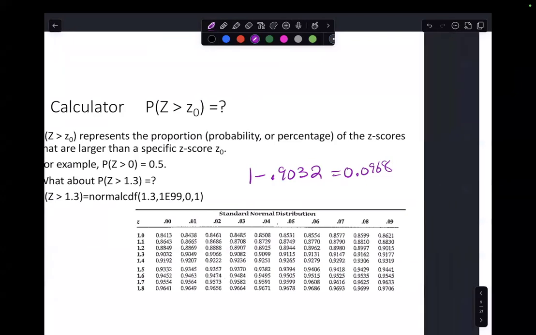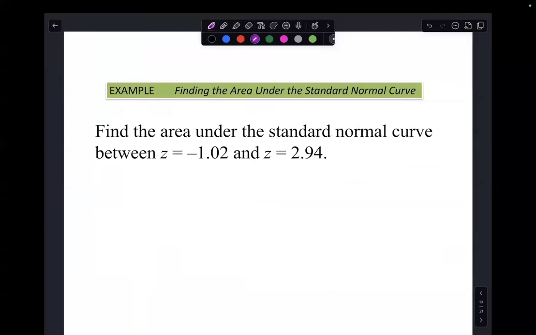Alrighty then. Sometimes we want to find a range of values. We absolutely can do this with a Z-table. This once again is very similar to when we were using binom CDF, because the Z-table gives us less than or equal to.